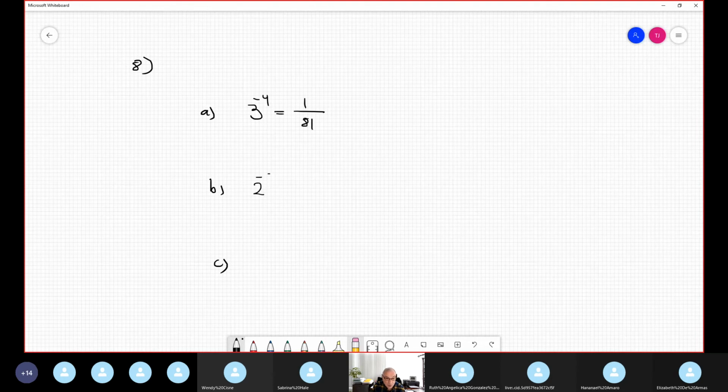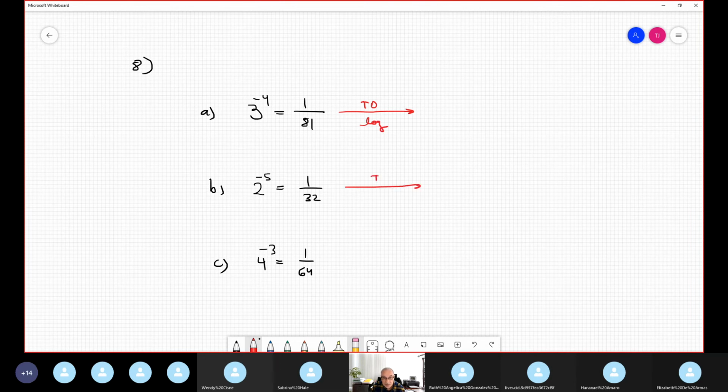2 to the -5th power is equal 1 over 32. And 4 to the -3 is equal 1 over 64. And you change now to logarithmic, to log. Not standard, but the same logarithm that corresponds to the base.